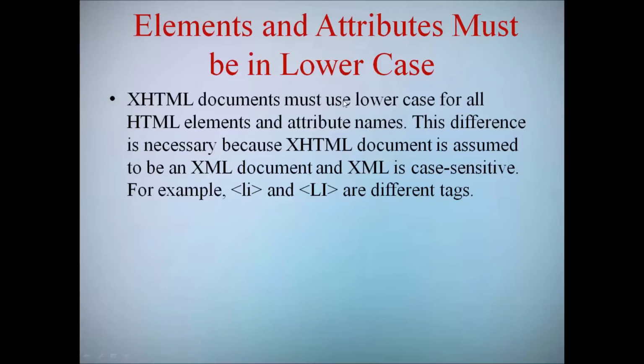XHTML documents must use lowercase for all HTML element and attribute names. This difference is necessary because an XHTML document is assumed to be an XML document, and XML is case sensitive. For example, the lowercase li tag and the capital letter one are different tags.